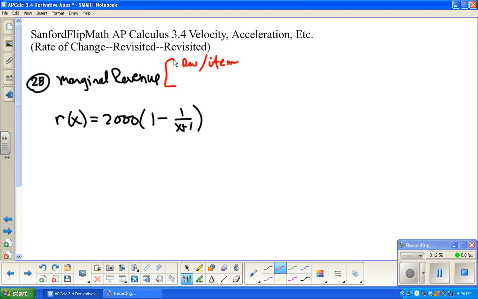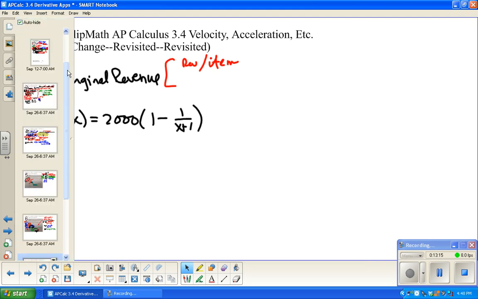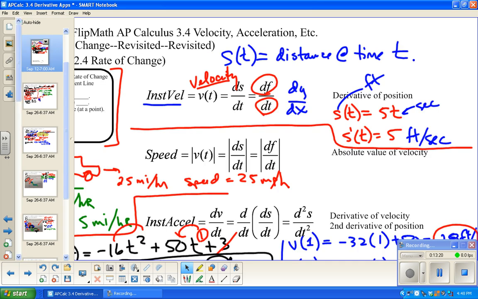So it's a rate of change of revenue as the number of items change. The other idea, marginal cost, is how does the cost change as the number of items change. And so they're the same idea, and the short version is that it's basically, you guessed it, derivative, and we saw them kind of pop up.